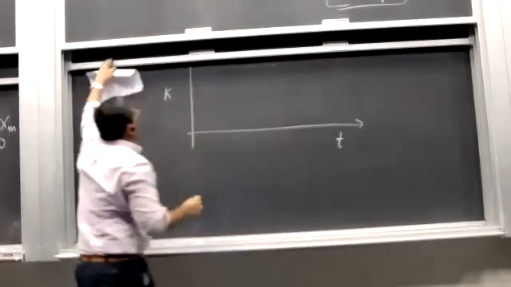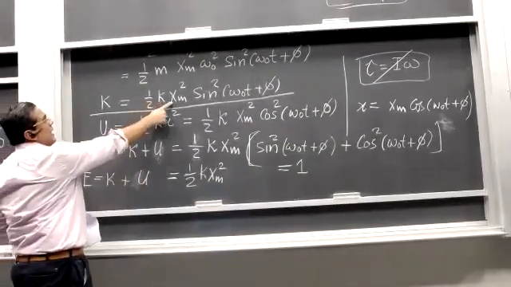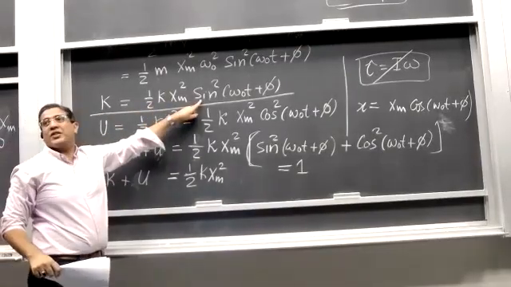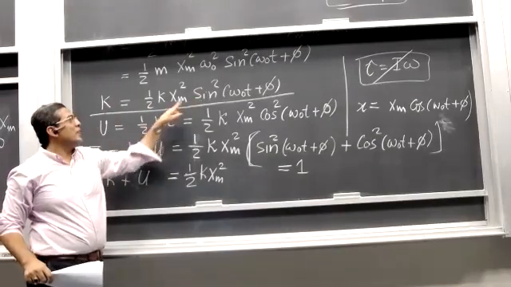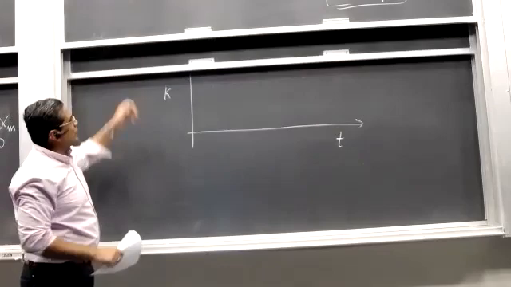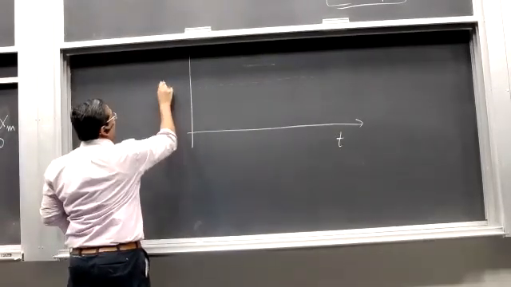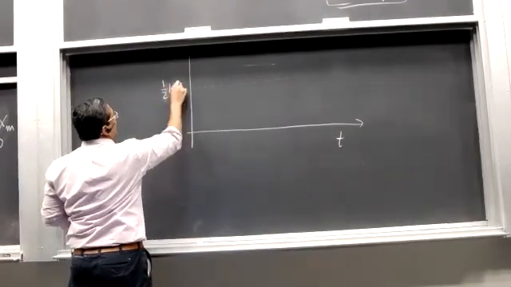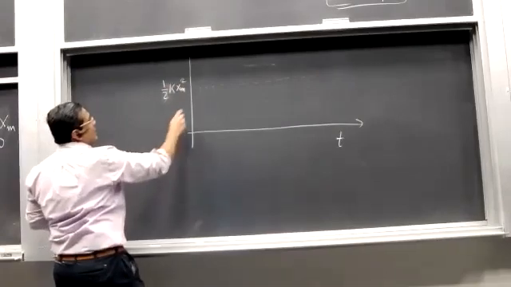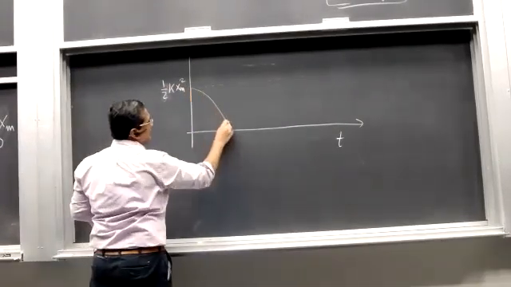Remember, kinetic energy is half k x_m squared, and sine squared oscillates between 0 and 1. So that's its maximum value, half k x_m squared. So this point here is half k x_m squared, and the kinetic energy K would go like this.